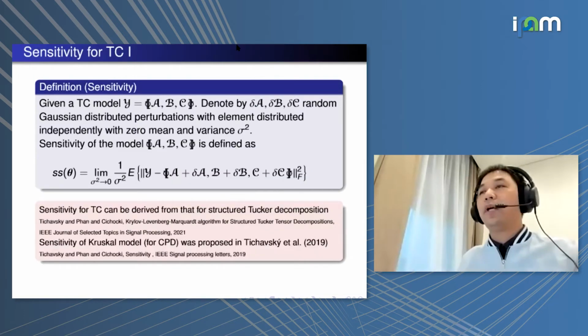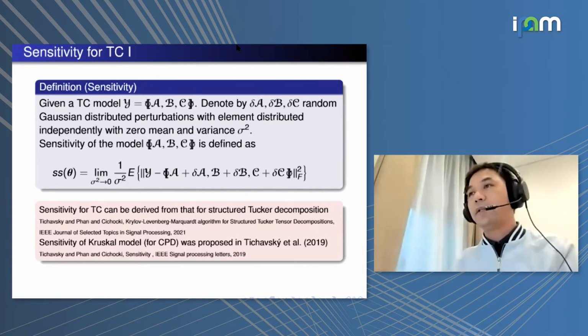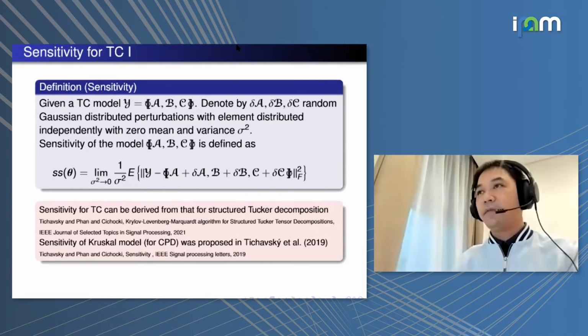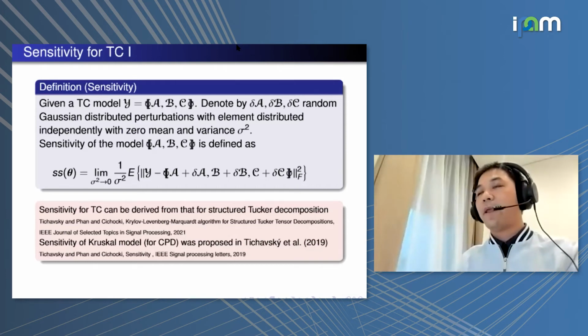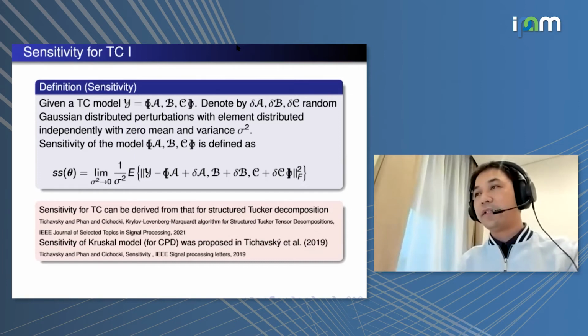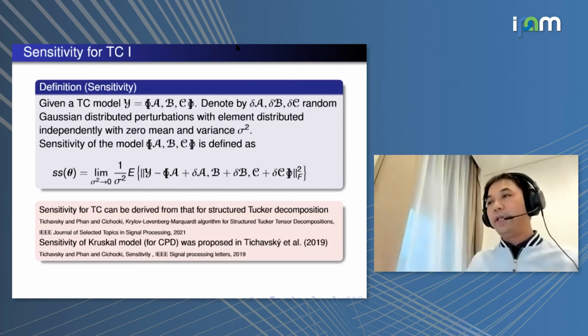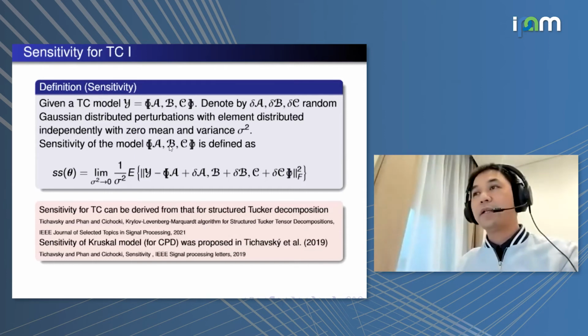So let's move a little bit closer to the topic of the presentation, the sensitivity of the tensor chains. In the first talk, we already saw some definition of the sensitivity, and we see some similarity here. We want to measure the sensitivity of the model.